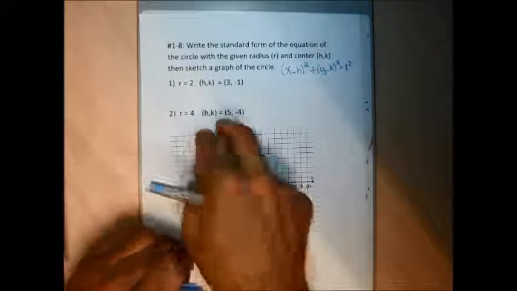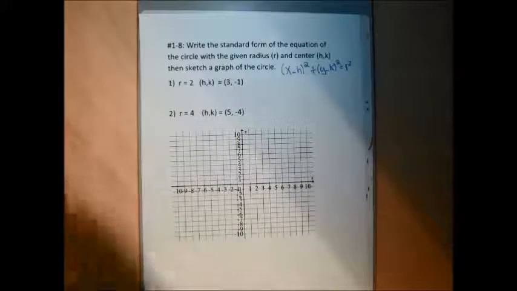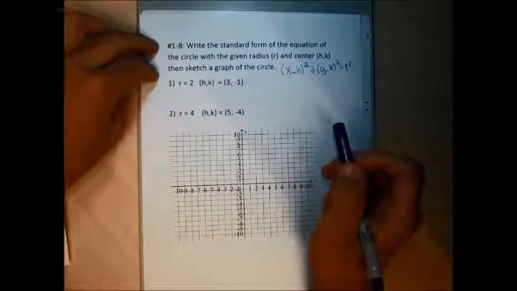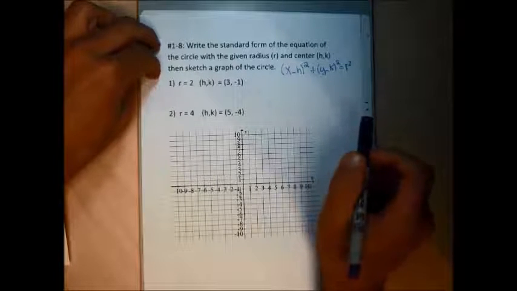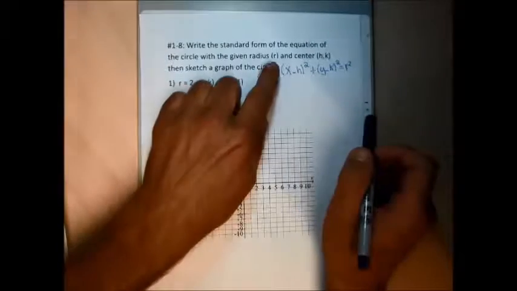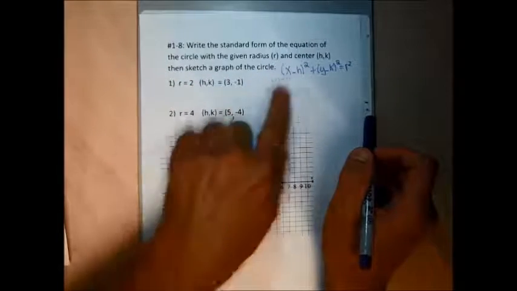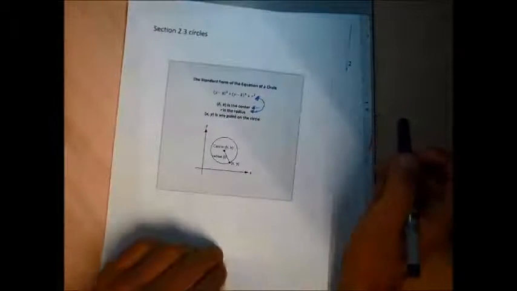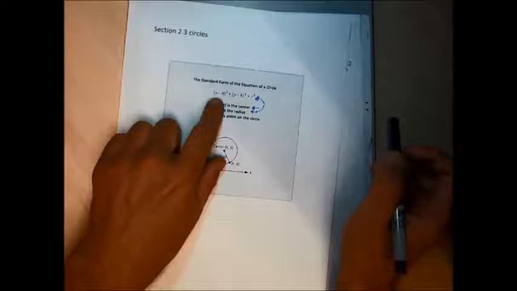And again, just looking at a problem by itself isn't going to tell me what I need to do to solve it. I need to read the instructions. The instructions say write the standard form of an equation of a circle with given radius r and center (h, k). So I have to have the standard form of a circle equation either memorized or at my disposal in order to do any of these questions.